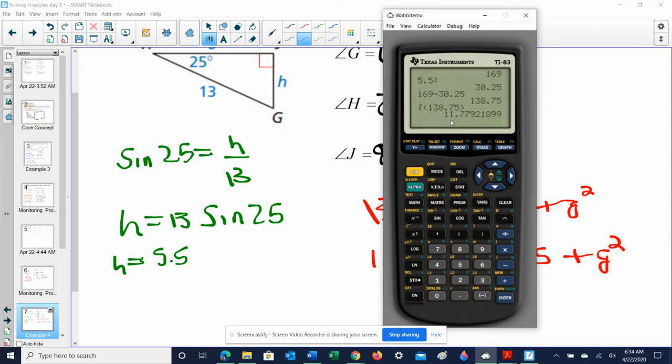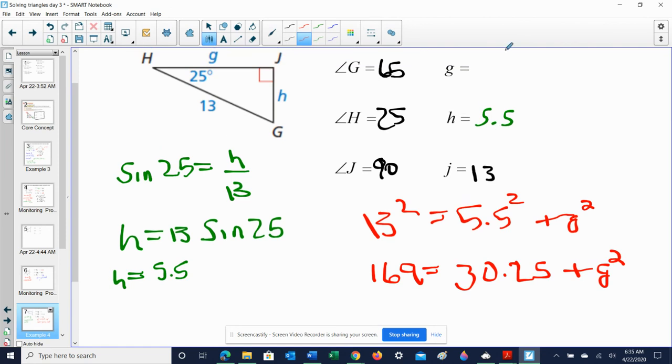Enter. 11.8. G is 11.8. And we have solved the triangle for all the missing sides and angles.